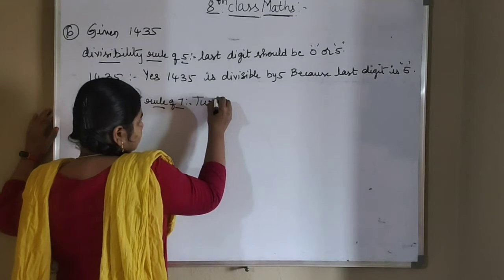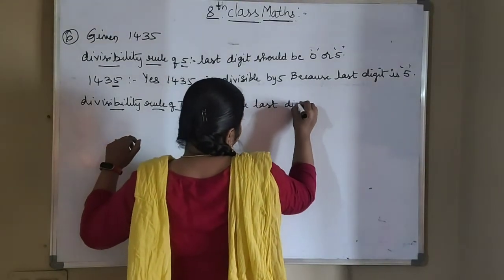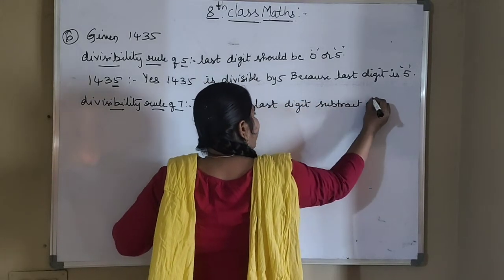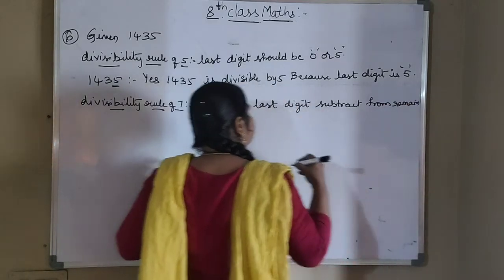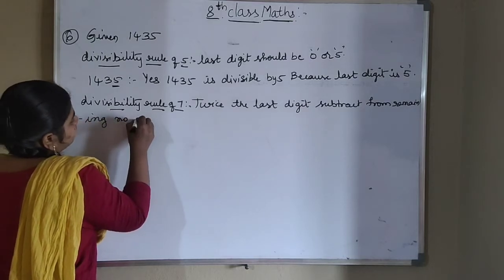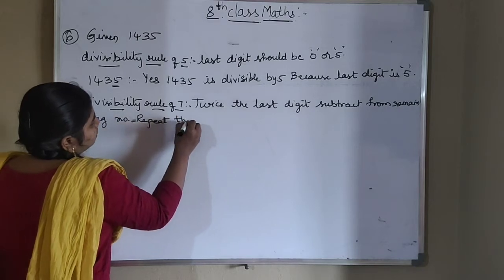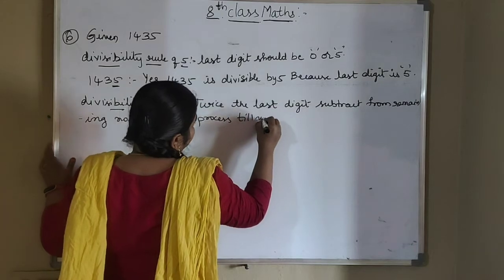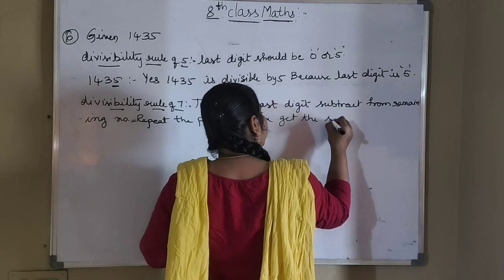Twice the last digit, subtract from the remaining number, repeat the process till you get the simplest number, the simplest multiple.